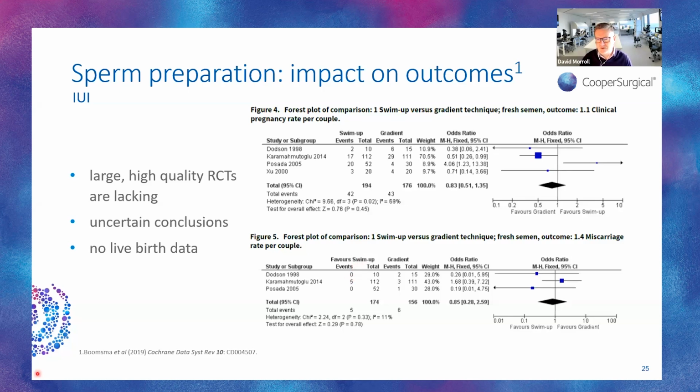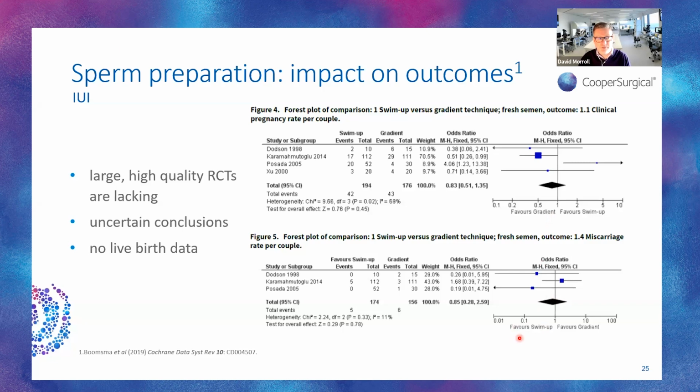So this is a well-cited paper from Boomsma and colleagues from 2019, where they looked through a systematic review of outcomes for intrauterine insemination and could find no difference between a swim up and a gradient in terms of the pregnancy rate per couple, or indeed the miscarriage rate per couple.